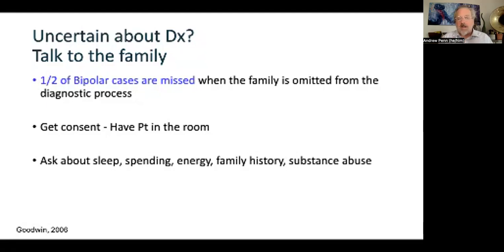If we're not sure about diagnosis, get the family involved with the patient's permission. A lot of times diagnosis is overlooked when the family is omitted, because a lot of times patients will come to us when they have depression, but they're going to kind of underreport mania, not because they're trying to hide anything, but because there is this kind of recall bias that happens where people forget that they ever felt good.